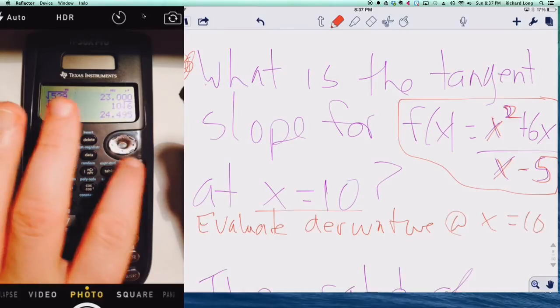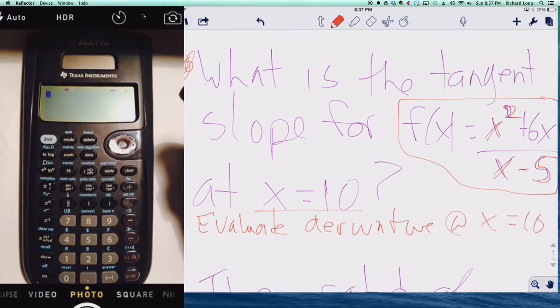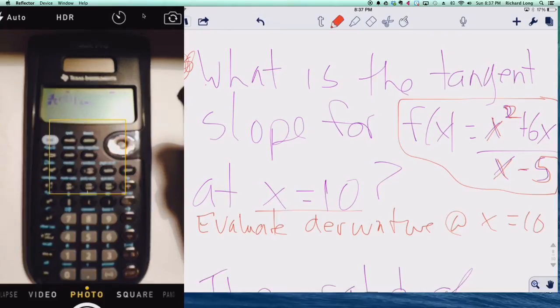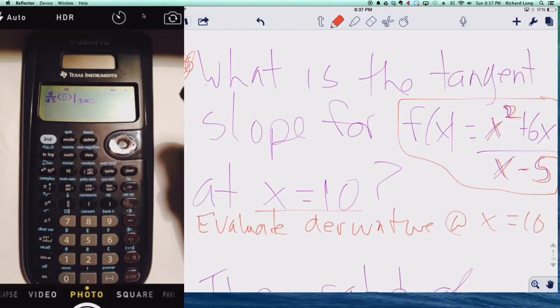There's a few ways to do it. One of the things I can do is use the d by dx button, right up near the second button. So I press second and then d by dx, and I can enter in the actual function.